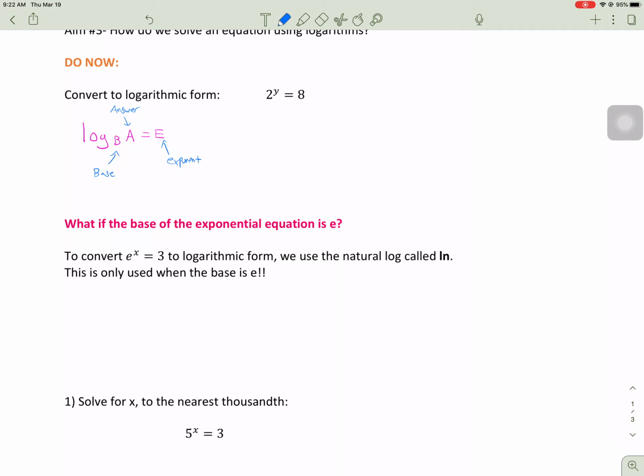So we use log base and an exponential equation to help us go back and forth. If we take a look at the exponential, this is the base, y here is the exponent, and 8 is the answer. Basically what this is saying is 2 to what power is 8? And that's exactly what a log says as well.